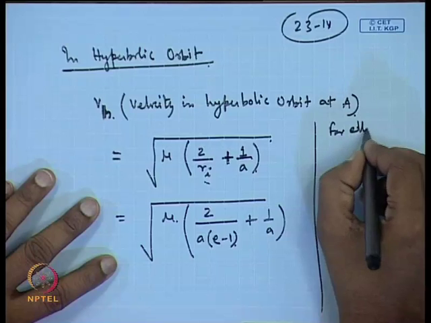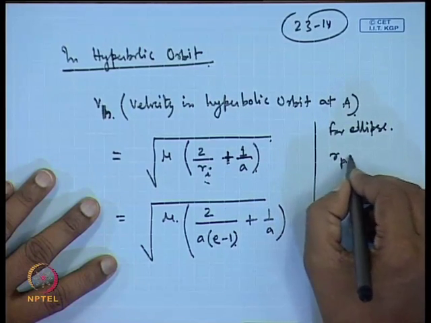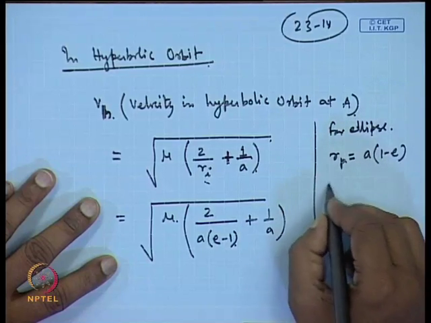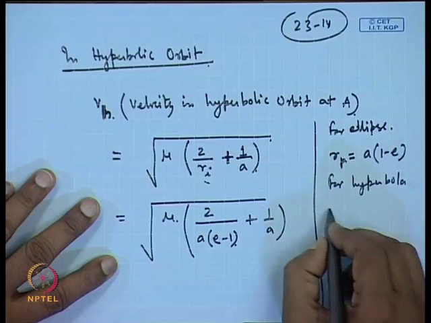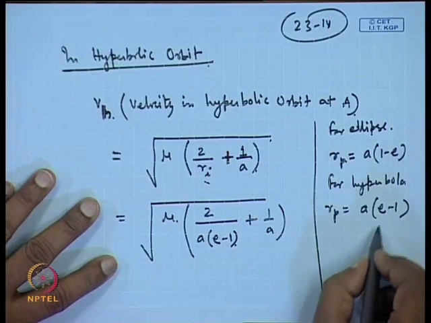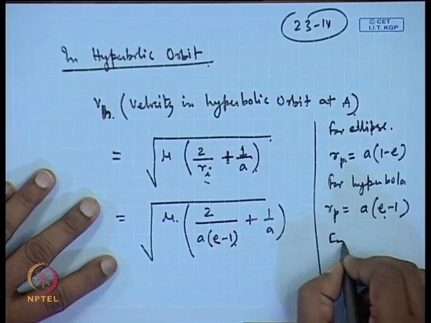For ellipse, r perigee we can write as a times (1 minus e). For hyperbola, r perigee is written as a times (e minus 1), because for hyperbola e is greater than 1.